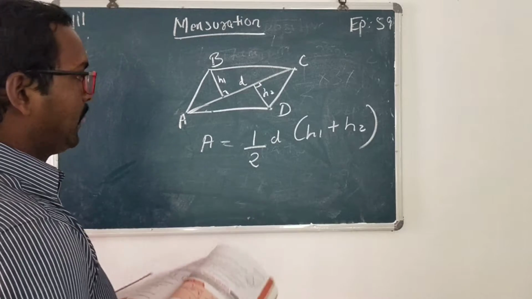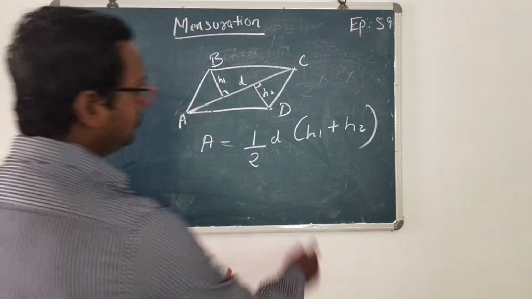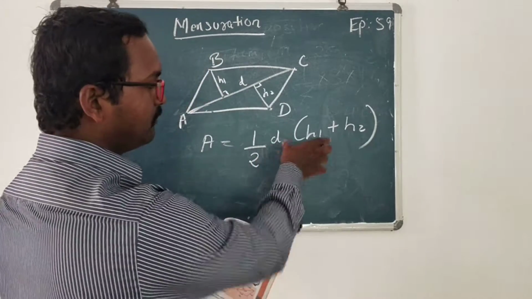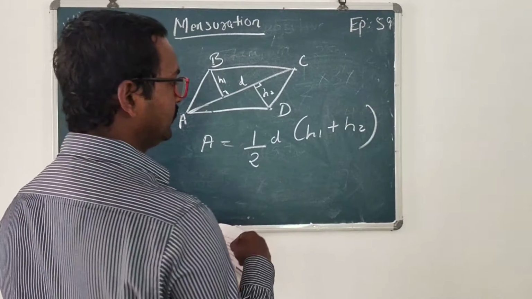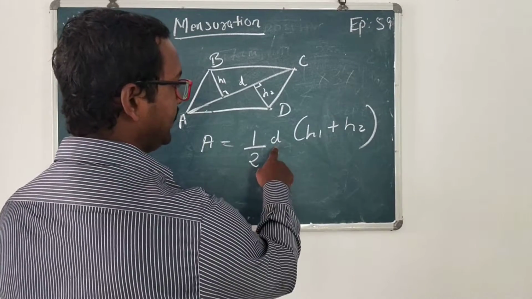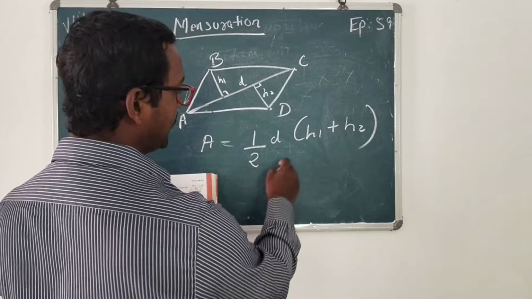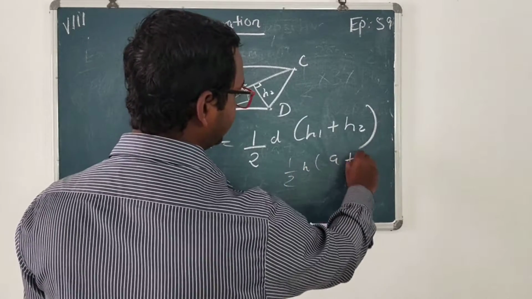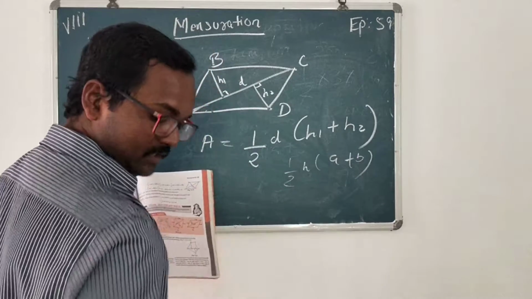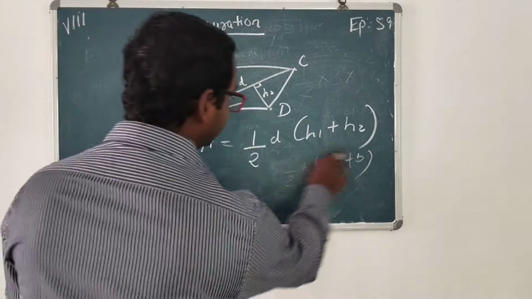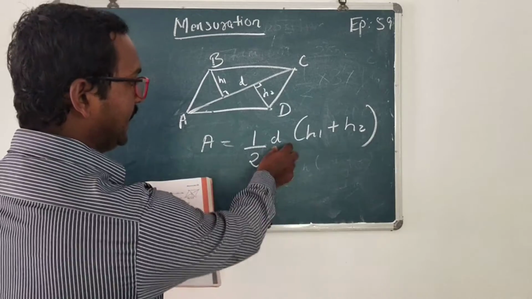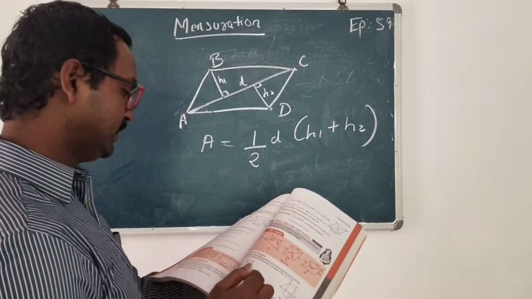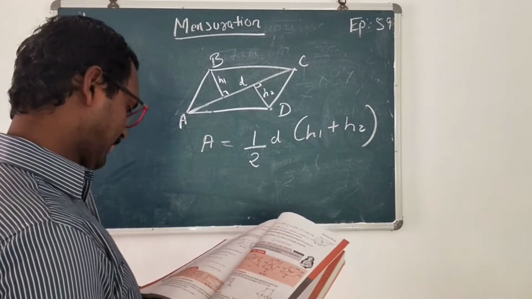Now remember, the formula is similar to the formula of a trapezium, but there the height is taken in here, and the parallel sides are taken like this. The formula is the same, but the only change is that here we have a diagonal. So let us solve one question with this.